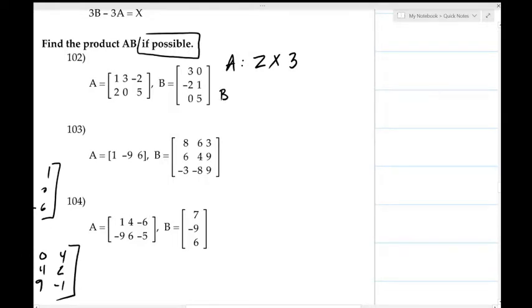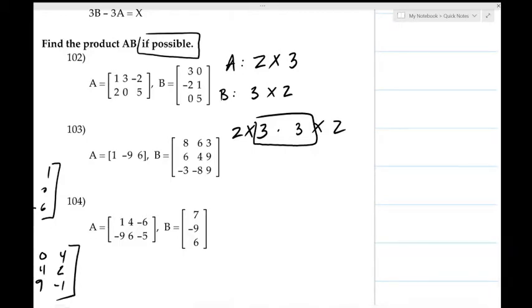Matrix B is a matrix of 3 rows by 2 columns. So one trick is to write the dimensions of the first matrix that you're multiplying times the other matrix that you're multiplying, and if the inside dimensions match, then you can do the multiplication, and the outer two will be the resulting dimensions of your matrix.